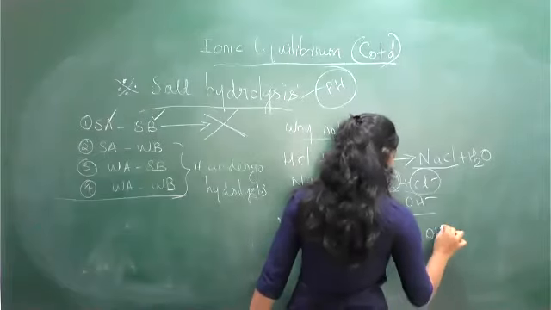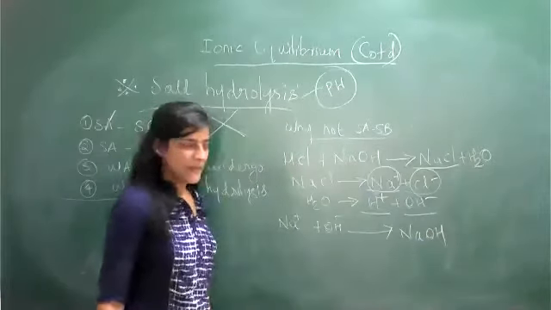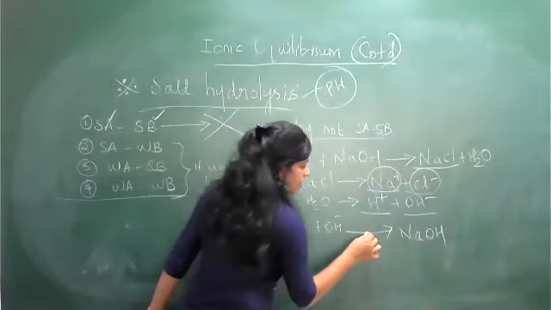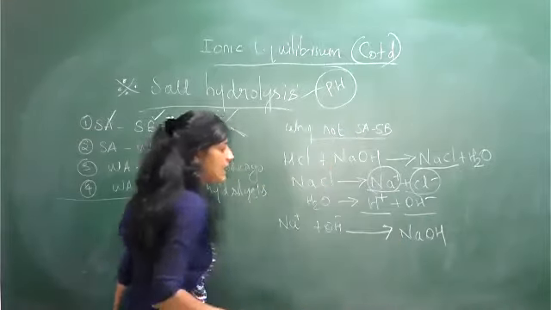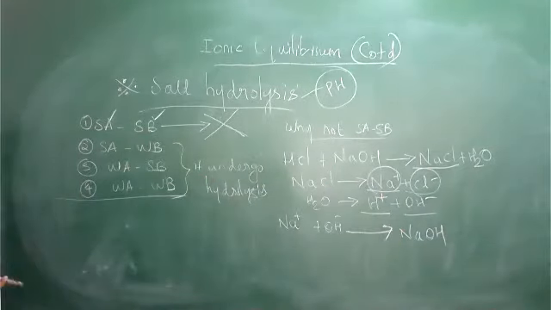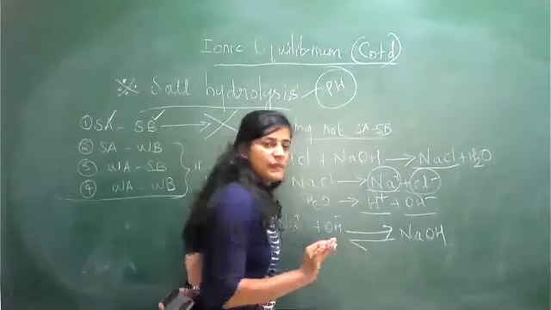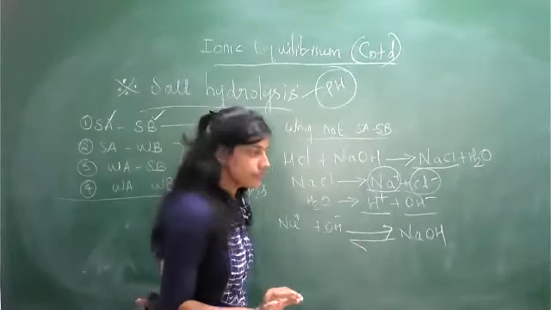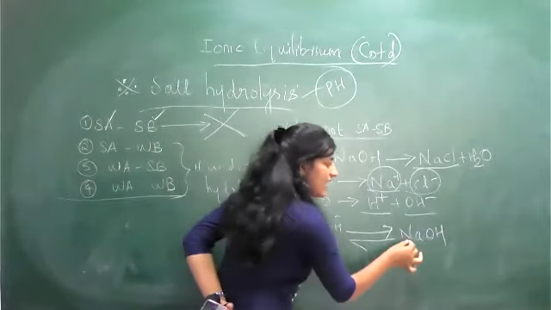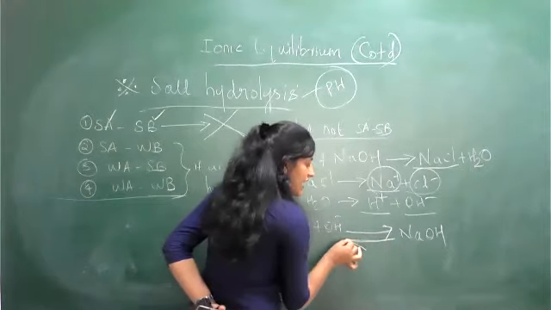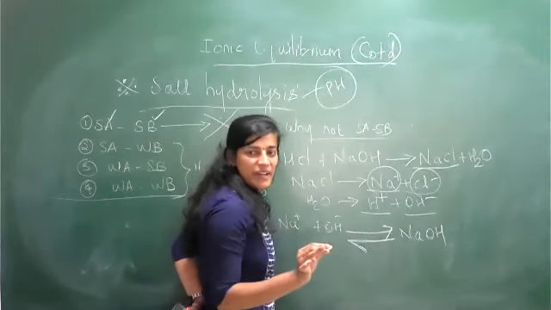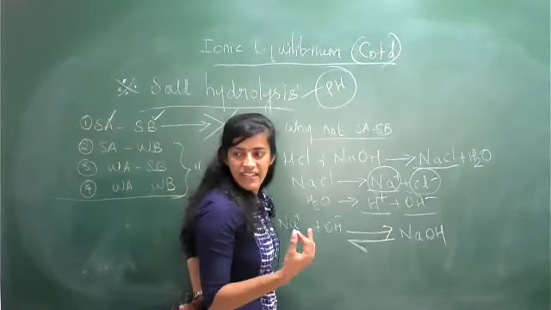NaOH. Are you getting my point? Na plus plus OH minus gives NaOH. A reversible reaction is also possible, since NaOH can dissociate into Na plus and OH minus. Last class we discussed this.